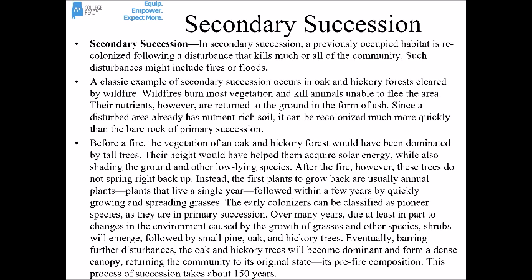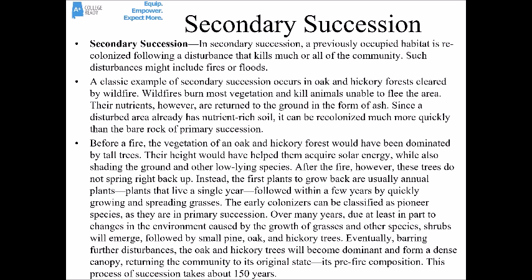Within a few years, we start to get bigger grasses, followed by shrubs, followed by things like pine trees that don't handle shade too well. And then eventually we get the hardwoods coming back. Over a period of, say, 150 or so years, we'll get back a community, eventually a hardwood forest, that's very similar to the one that was there originally.